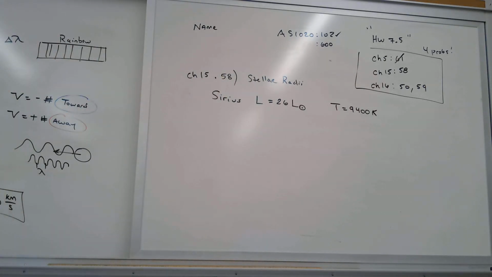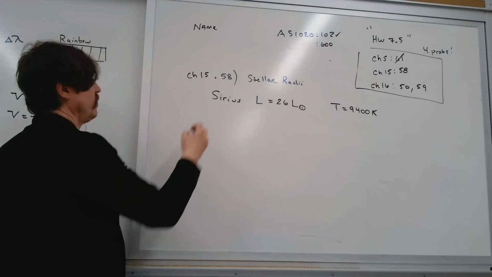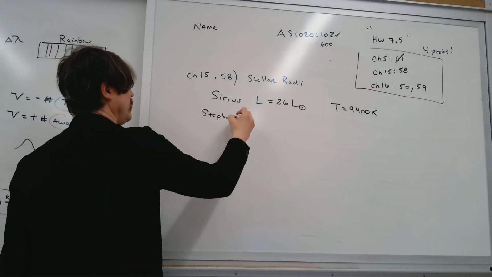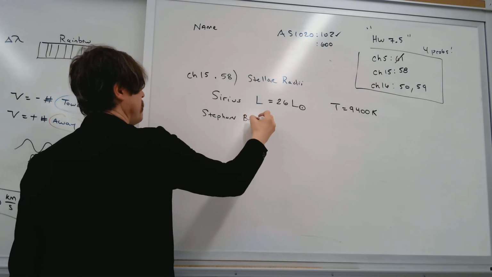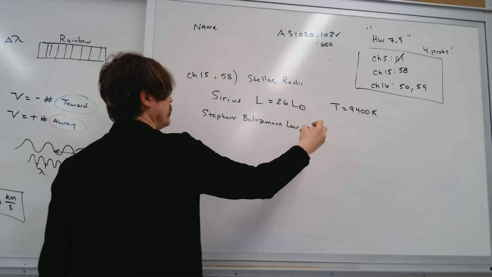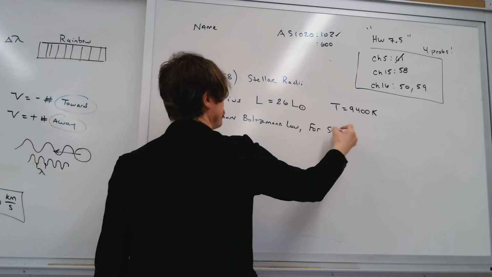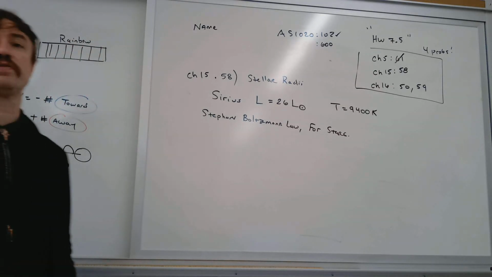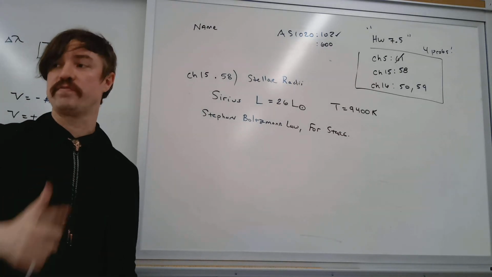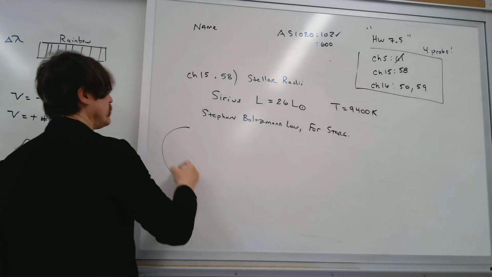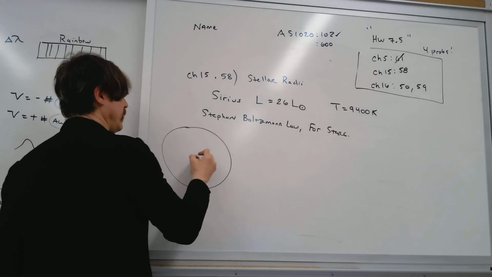This problem requires us to use a legendary formula known as the Stefan-Boltzmann law for stars. It's a relationship between a star's luminosity, its radius, and its temperature. It all hinges around the inverse square law.